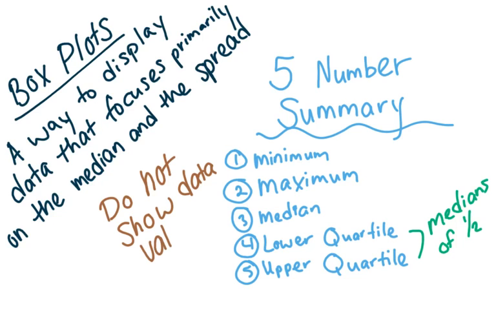They do not show the exact data values, which makes a lot of people very uncomfortable with them. What they do instead is they focus on the spread or the variation and the median, which is the center. This makes them really great for large amounts of data where nobody would want to draw that many dots for a dot plot.